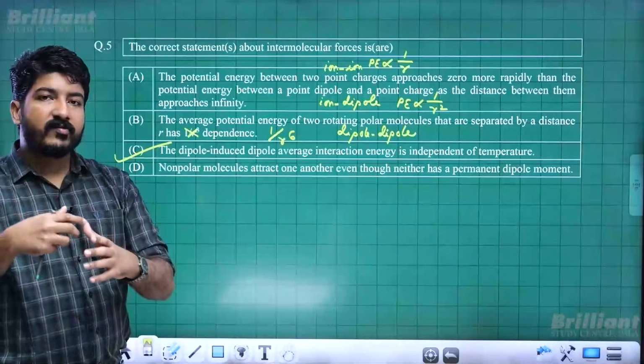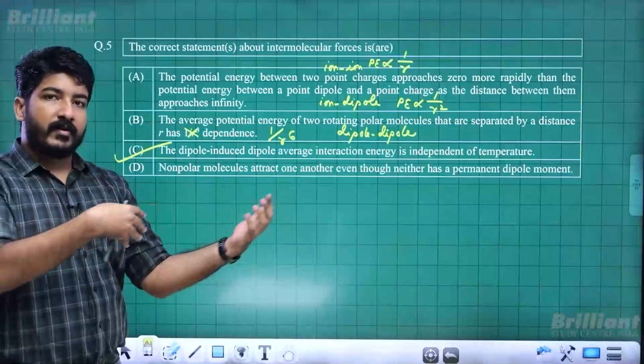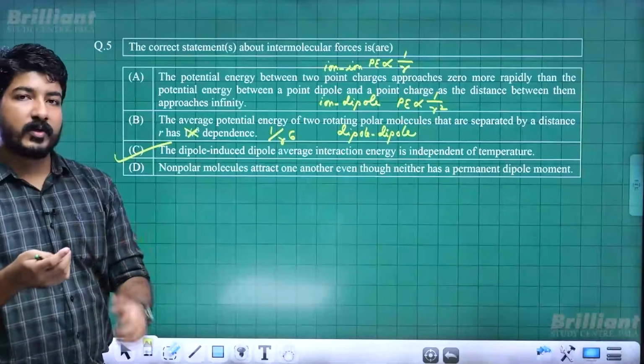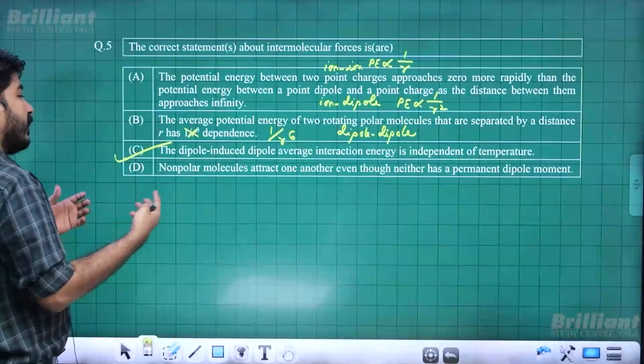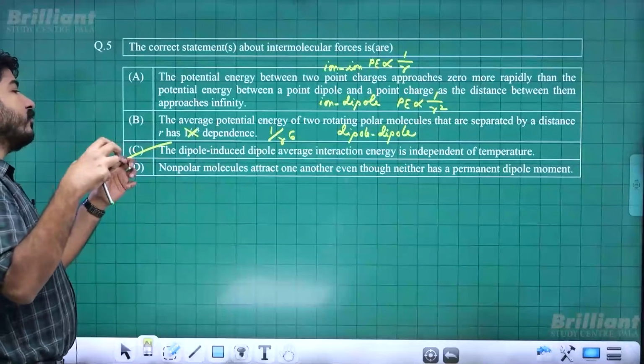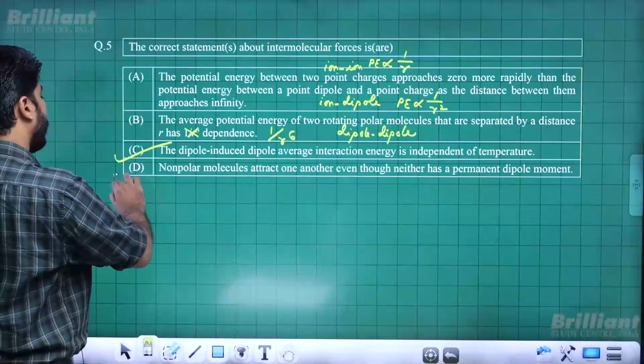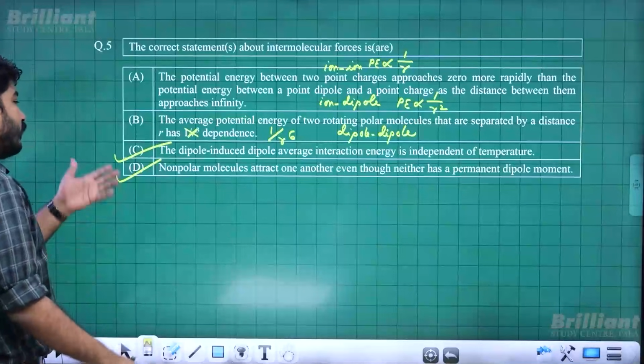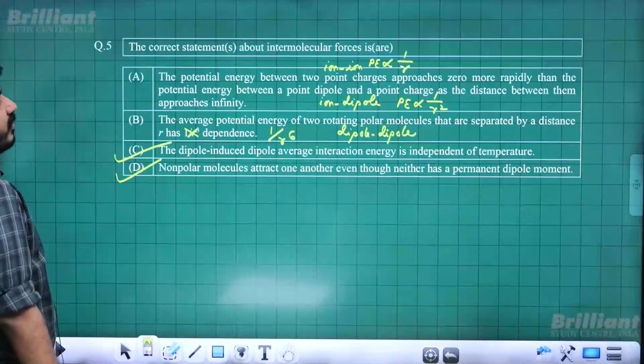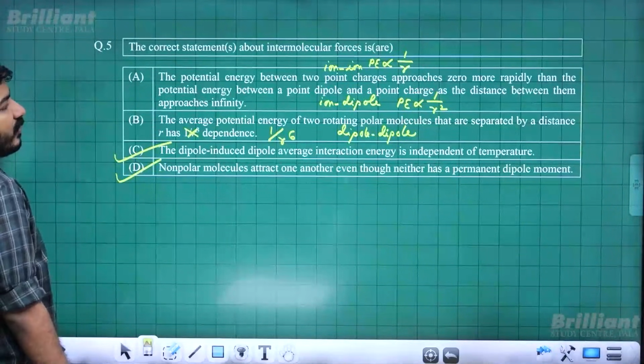So this instantaneous dipole, induced dipole, leads to an attraction between them, which is called dispersion forces. That is how two nonpolar molecules are attracted to each other. So C and D are the correct statements about intermolecular forces, and hence the answers here.